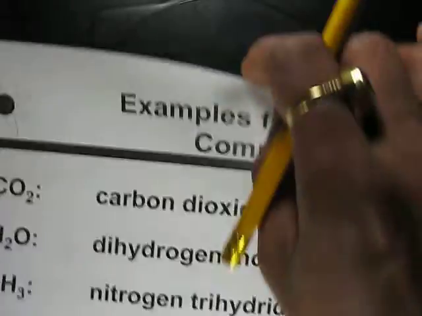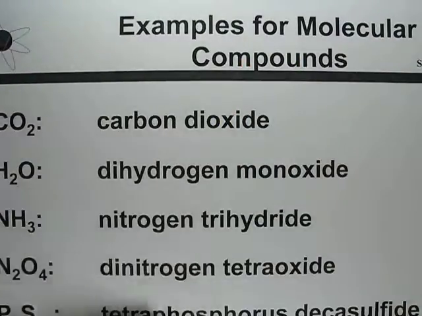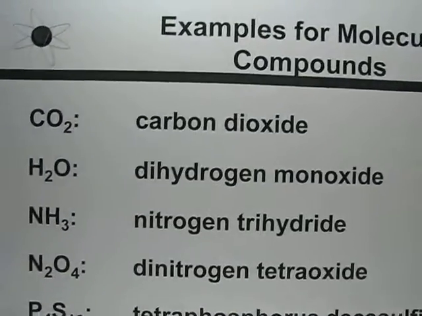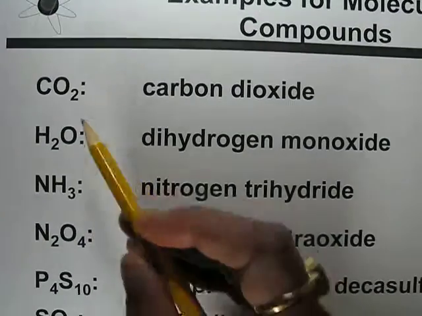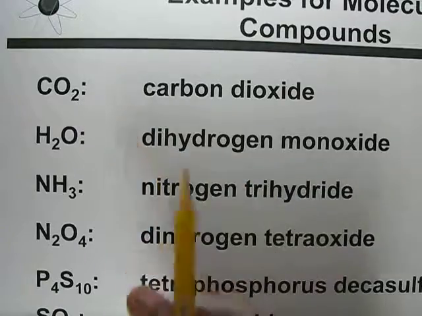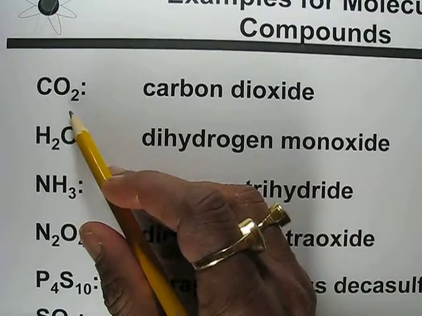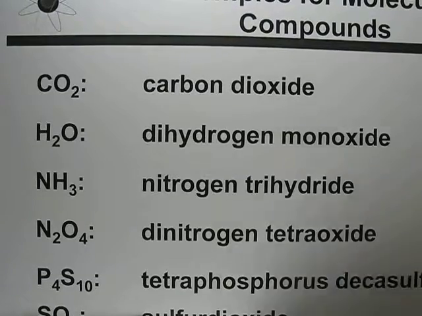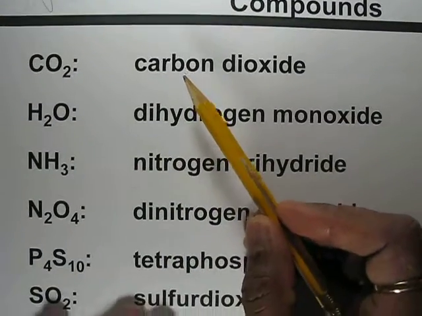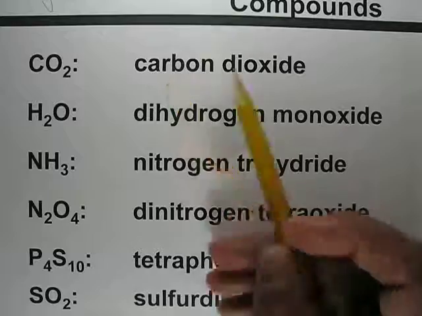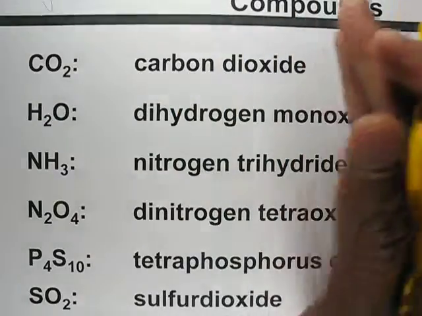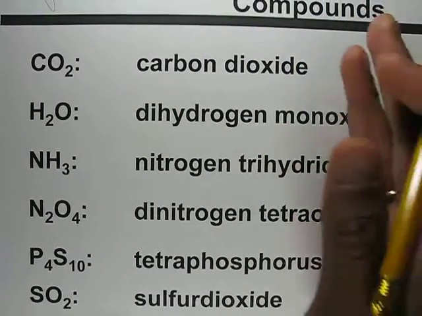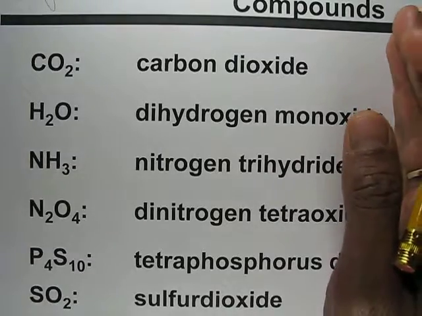Let's see some examples of molecular compounds. Carbon dioxide: carbon and oxygen are both non-metals, so they make a molecular compound. How do we name them? Carbon will be first because, although both are non-metals, it comes before oxygen.